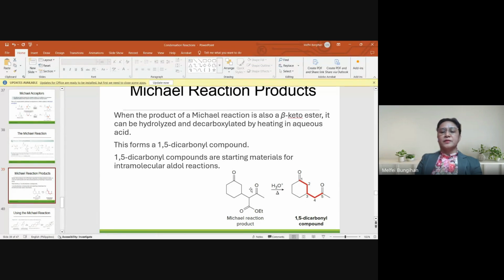If we have a beta keto ester, it can be hydrolyzed and decarboxylated by heating. You can remove this from the Michael product. When you heat it, this becomes a leaving group, and so we remove this COO here. So you form this product.